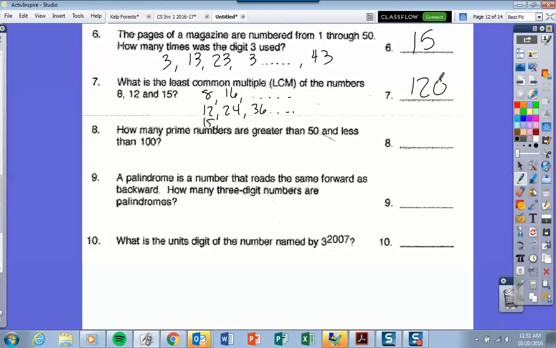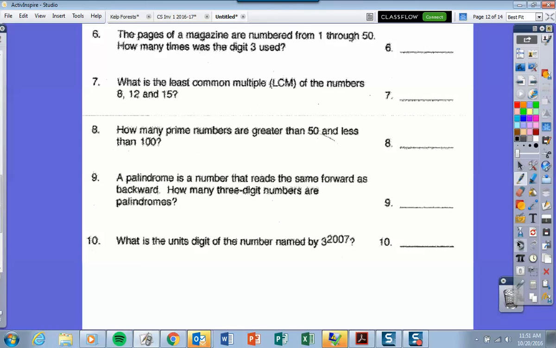Another way that we could do that is by using factor trees, where we look at the factors of 8, 12, and 15. So 15 I can go 3 and 5. Then over here I know that I can go 3 and 2.